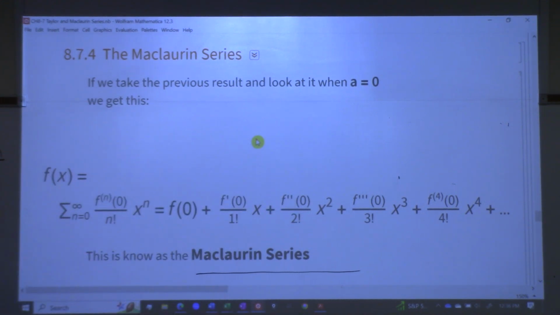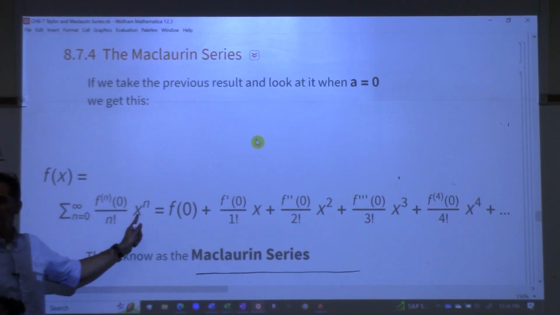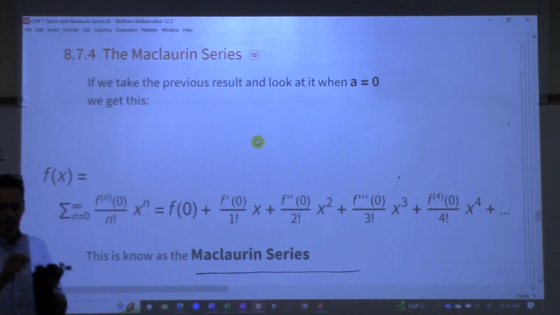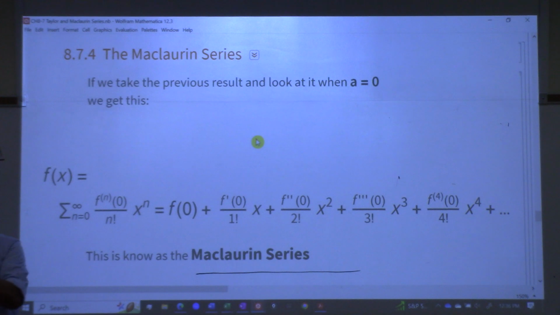So you know how this formula said you take the nth derivative at A? Well, with Maclaurin series, that is 0 in there, always, for Maclaurin. And then over n factorial, and then here, instead of x minus a to the n, since a is 0, it just becomes x to the n. So Maclaurin is a specific case of Taylor when a is 0.